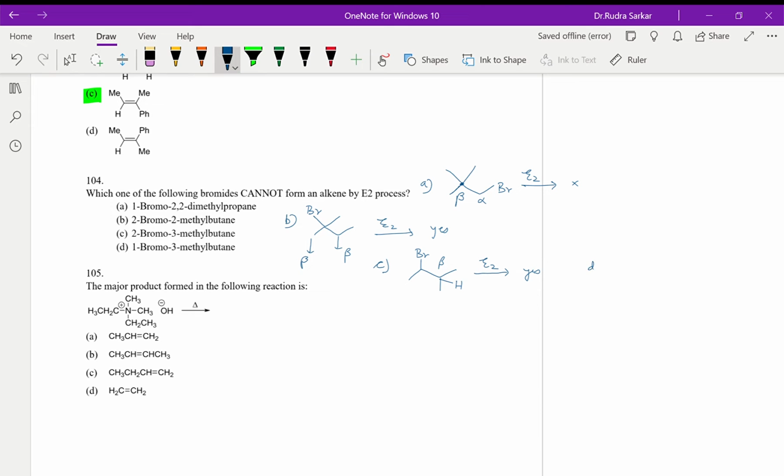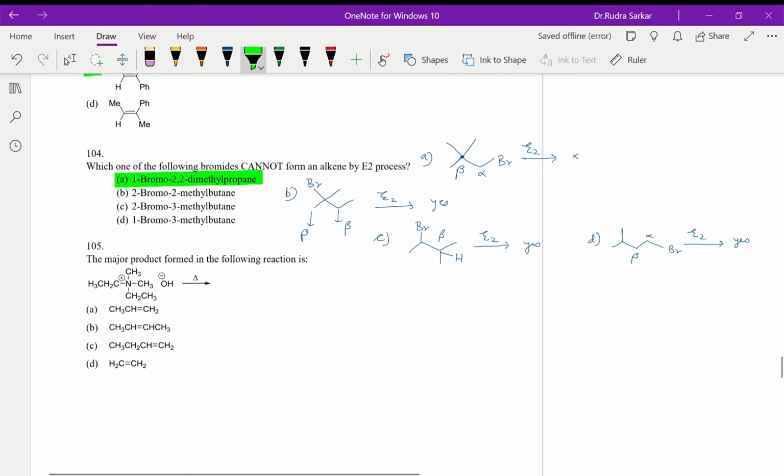For D, we have this as the structure, and again, as we can see, this is the alpha, this is the beta, so it will undergo the E2 reaction. So the answer over here is going to be option A, that does not undergo the E2 reaction.